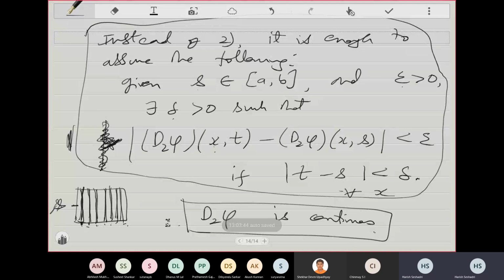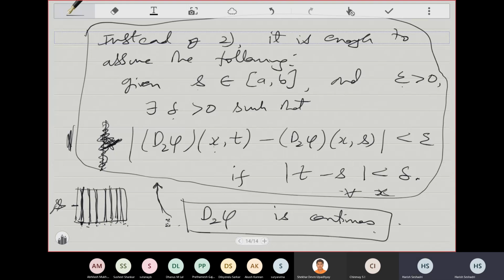So it's a weird condition. Now, by the way, that issue will arise. Suppose I assume D2 phi is continuous. That raises the question. You're absolutely right that the same delta should work for all the vertical line segments, all X in other words.